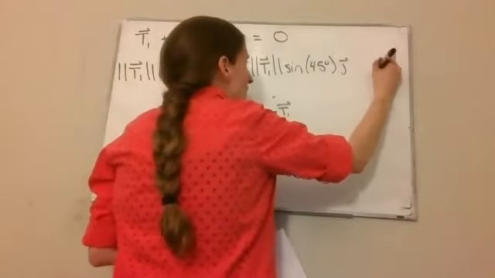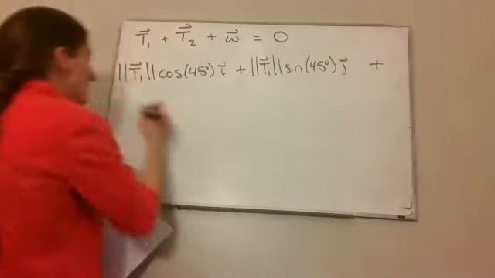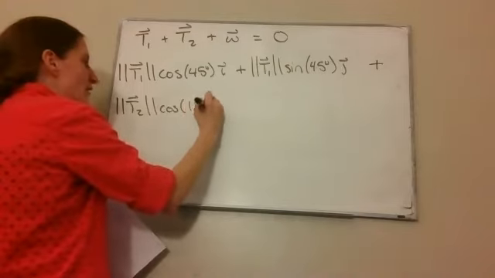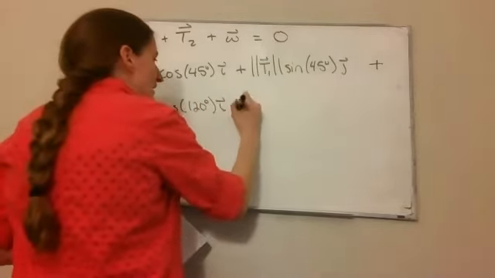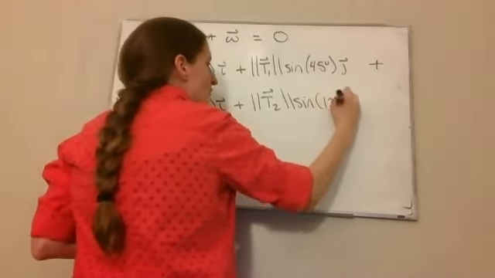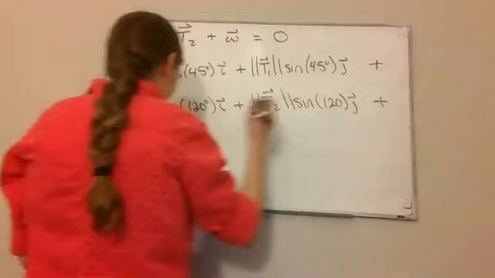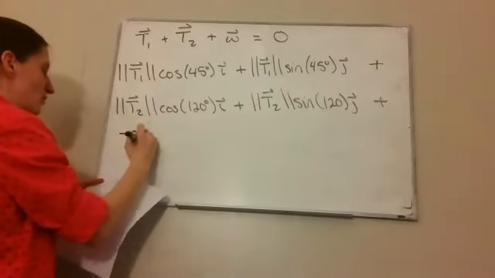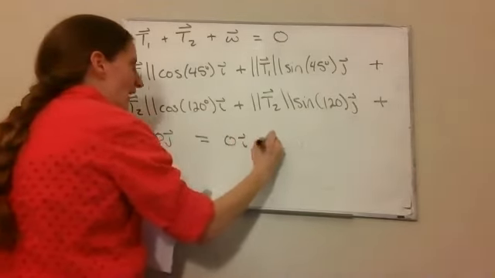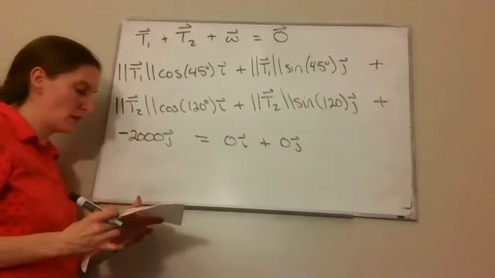And then I can do the same thing with my T2. So I'm going to add to that T2, which is magnitude T2 cosine of 120 degrees I plus magnitude of T2 sine of 120 degrees J. And then I can still add to that my W, which was negative 2,000 J. All of this needs to equal 0I plus 0J, because it's all supposed to equal 0.